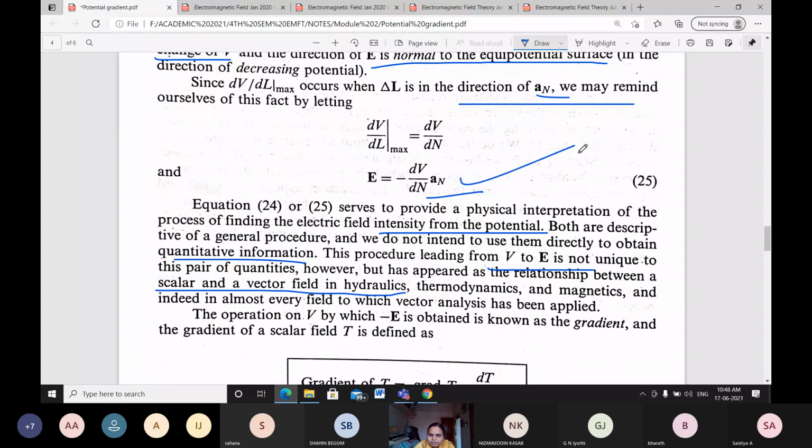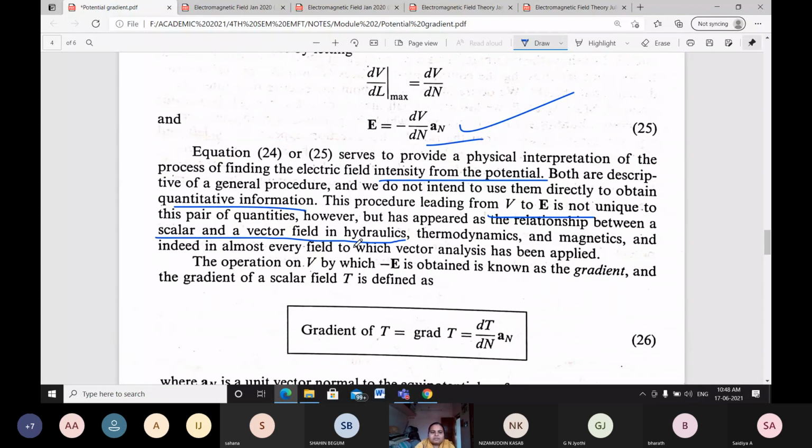This equation is applicable to scalar or vector fields in hydraulics, thermodynamics and magnetics, and indeed most every field to which vector analysis has to be applied. Where a vector field is required, I can use this equation. But for us, it's not going to be. In mechanical, if you are going for it, there you can use this equation.